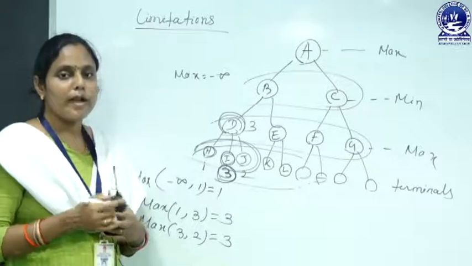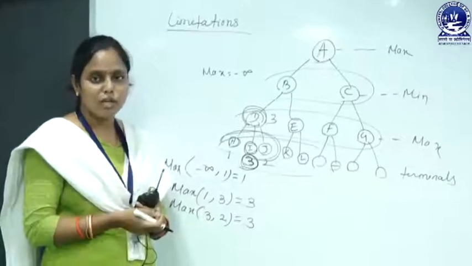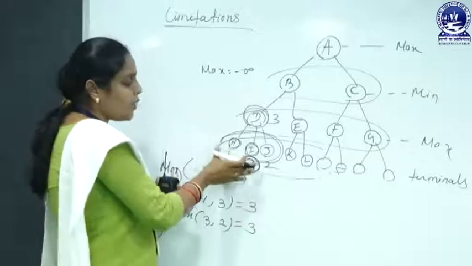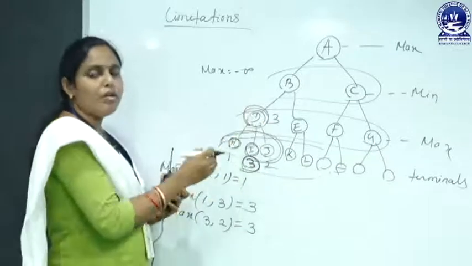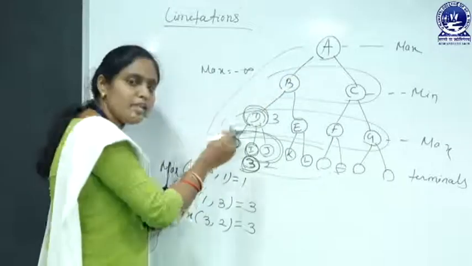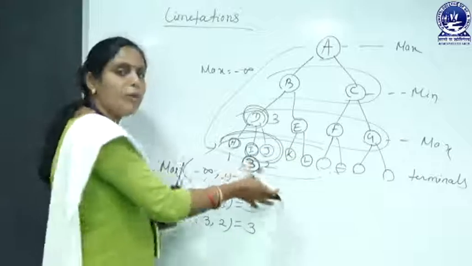Here in min max algorithm, you must remember that it is a recursive algorithm or backtracking algorithm, because when we calculate the utility value for each node, first we follow the DFS, that means we go to the depth of our search tree to reach the terminal nodes.